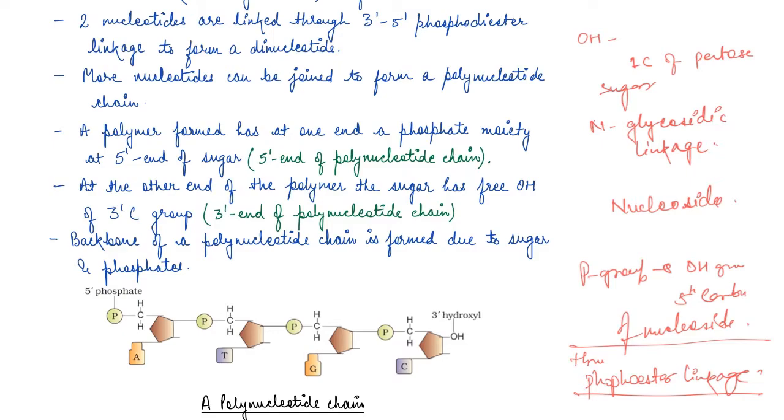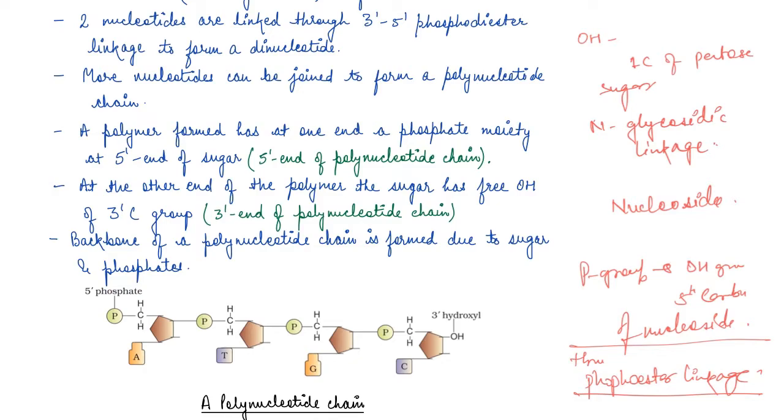Now, two nucleotides are linked through 3' to 5' phosphodiester linkage to form a dinucleotide. And then many nucleotides are joined to form a polynucleotide chain, right? So I hope you understood how a polynucleotide chain is formed, right?